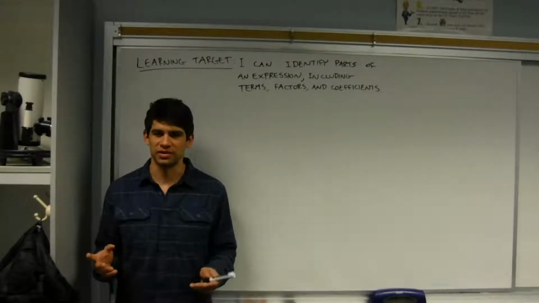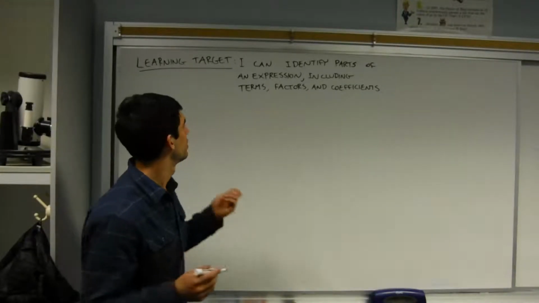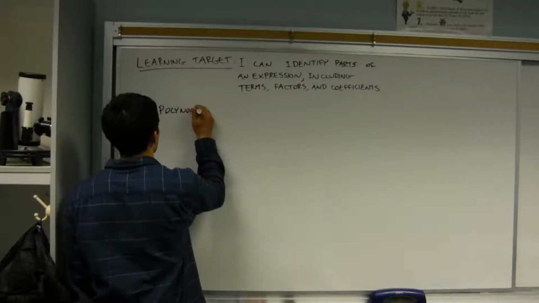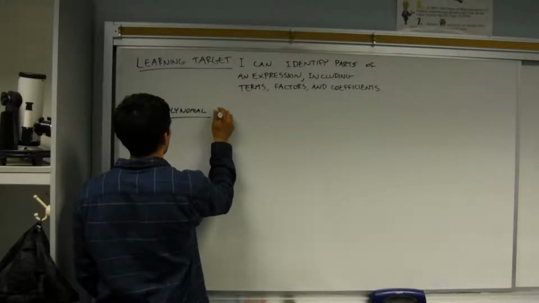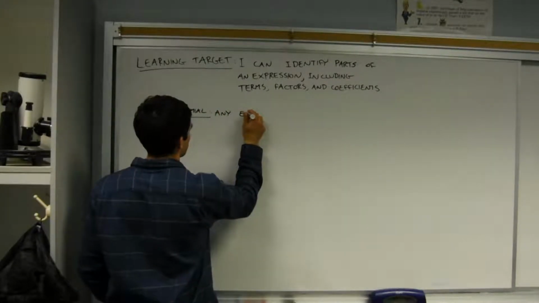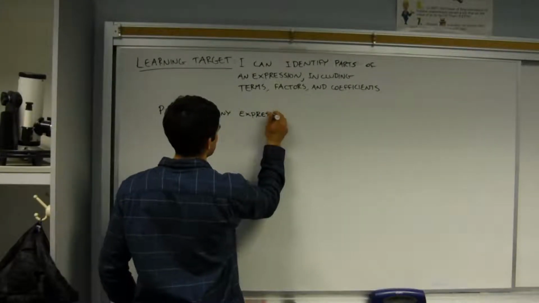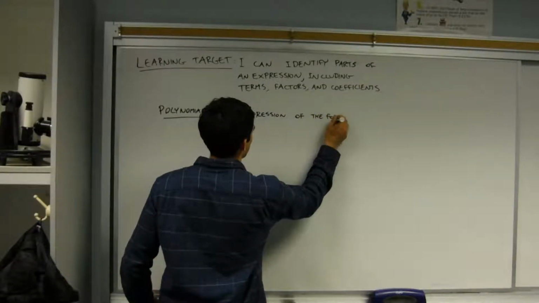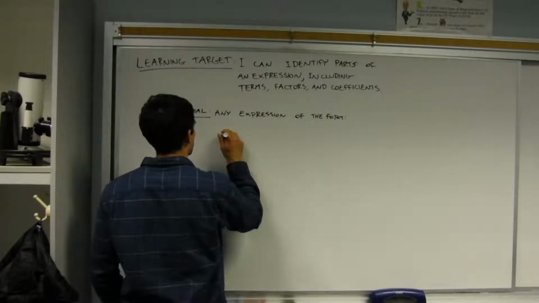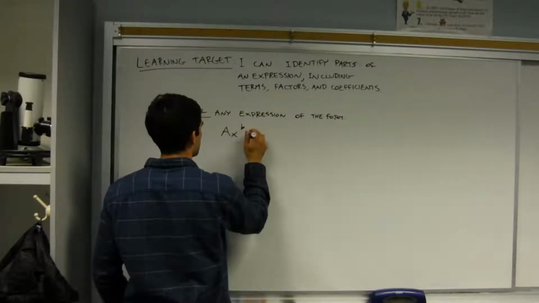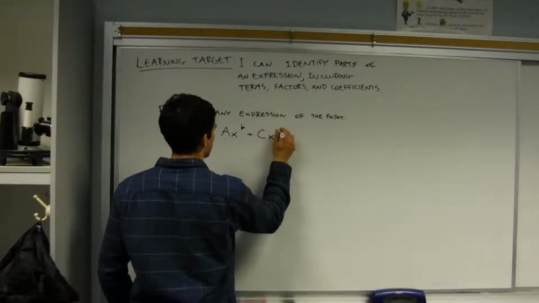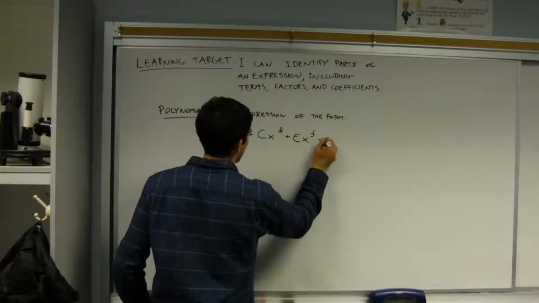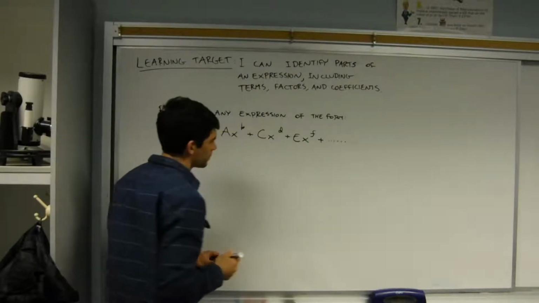First off, we want to discuss what is a polynomial. A polynomial is any mathematical expression of the form ax to the b plus cx to the d plus ex to the f, and so on.